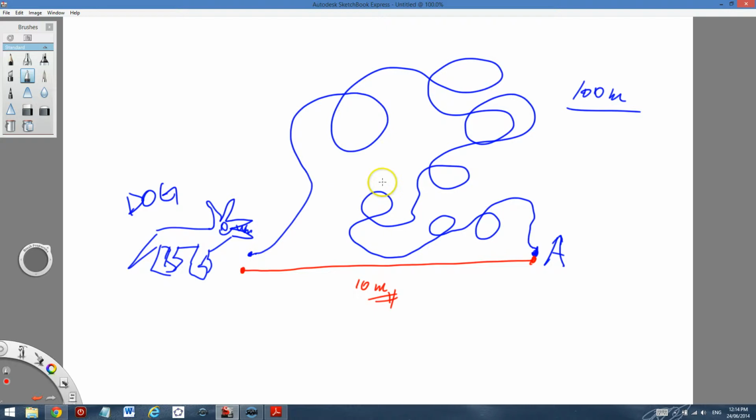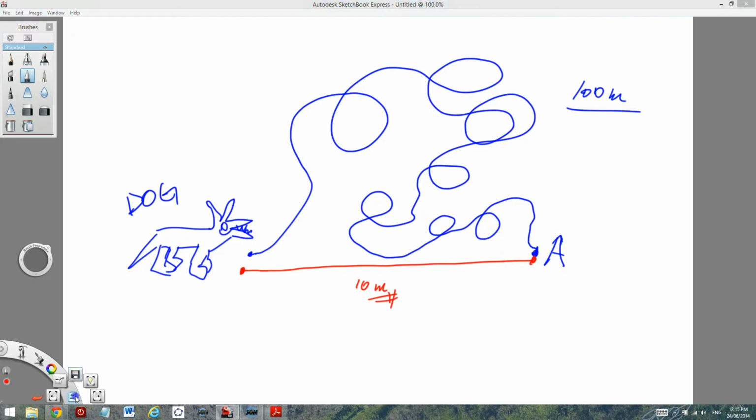That's the other difference between displacement and distance. Distance is actually the path the dog traveled. The displacement is basically the shortest distance plus direction from the initial point to the final point. We will do more practice on this.